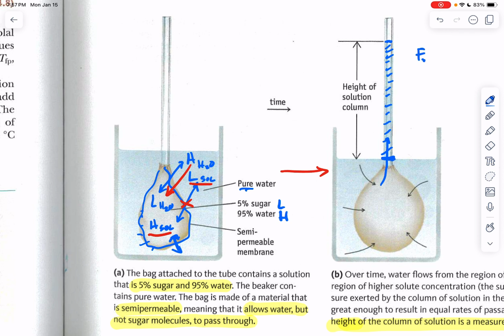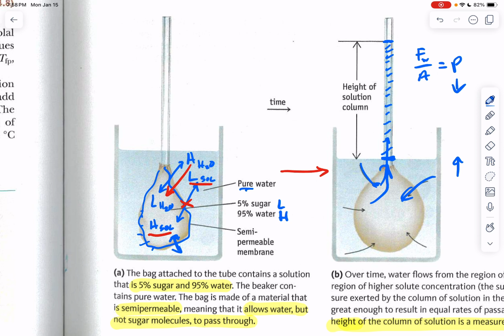And the force of weight per area exerts a pressure downward, and the water that's flowing in exerts a pressure upward. And when those two pressures are equal and opposite, the water stops rising up the capillary tube, and you reach a state of equilibrium.